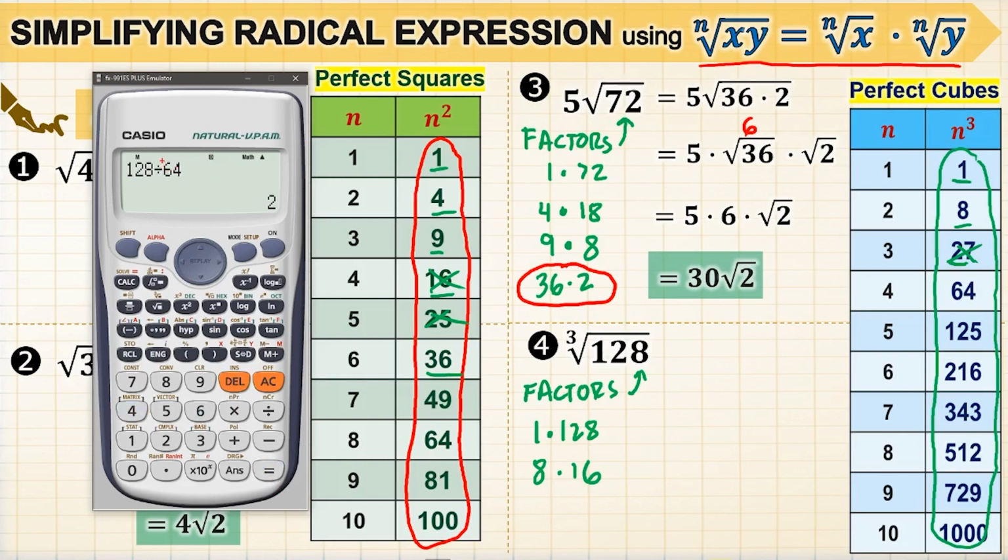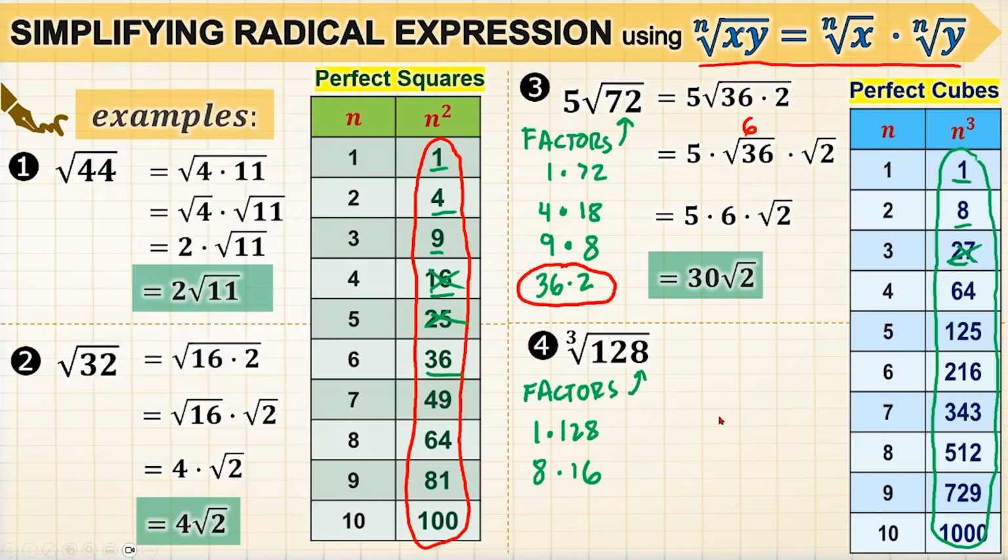That means we can say that 64 times 2 is equal to 128. Ayan na ba yung pinakamalaking perfect cube factor ng 128? I think yes kasi yung susunod 125 na eh. Hindi na siya pwede maging factor ng 128.